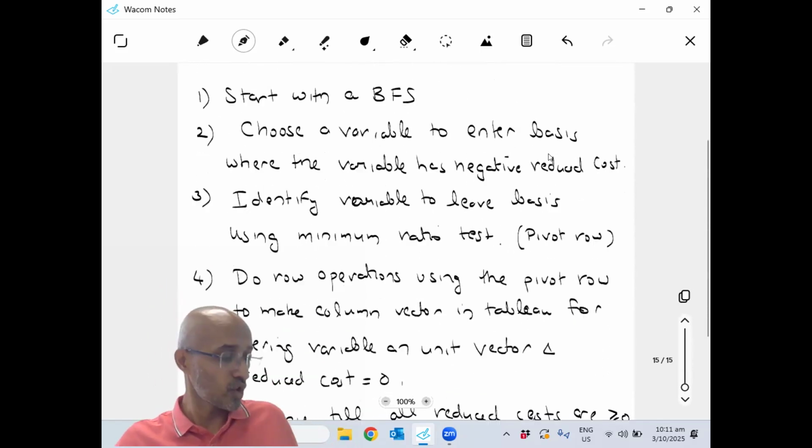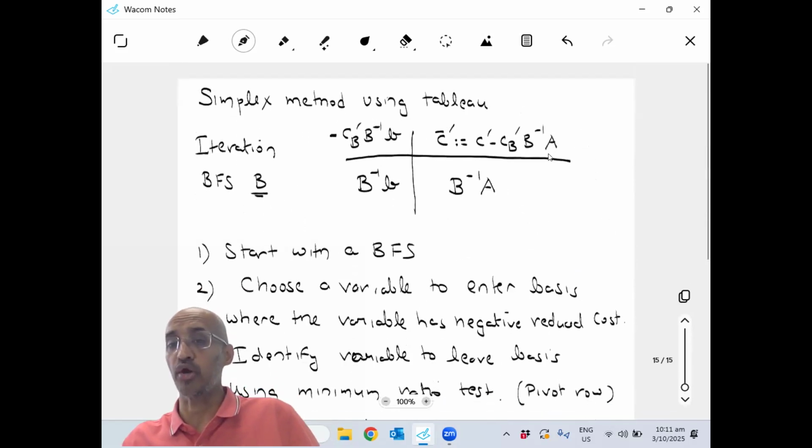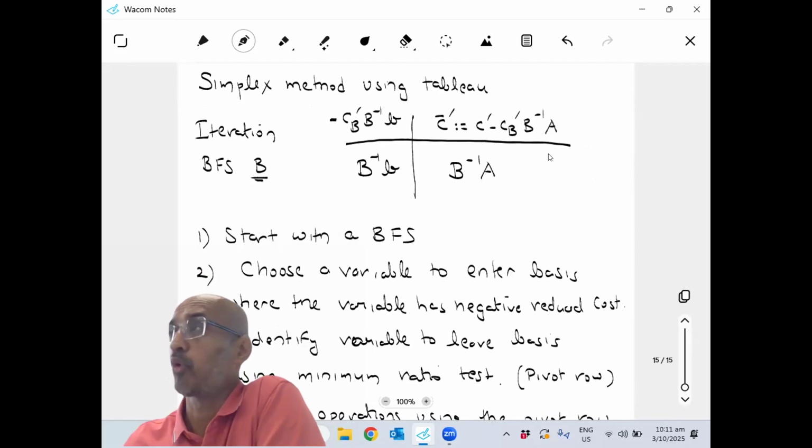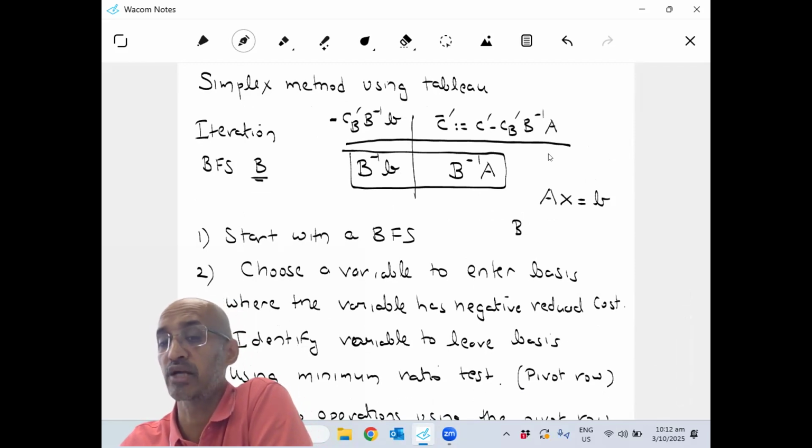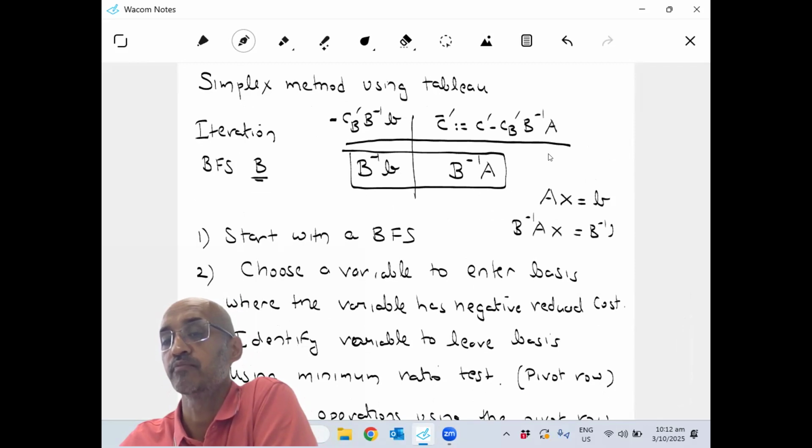And just as a broader point here, if you look at what these rows capture, we've got these equality conditions Ax equal to b. What we are storing in this part of the table is pre-multiplying both sides by B inverse.